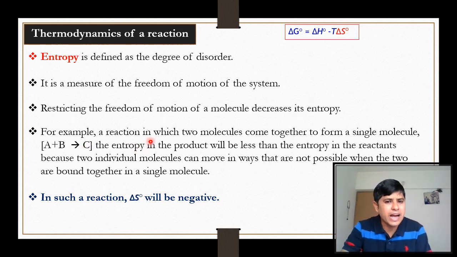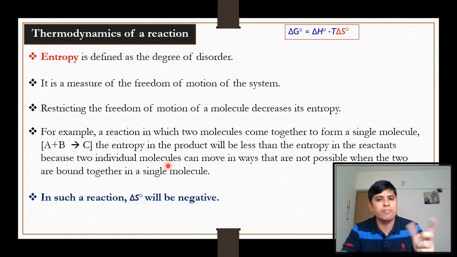For example, a reaction in which two molecules come together to form a single molecule, like this, A plus B gives C. The entropy of the product will be less than the entropy of the reactant, because two individual molecules can move in ways that are not possible when the two molecules are bound together in a single molecule.